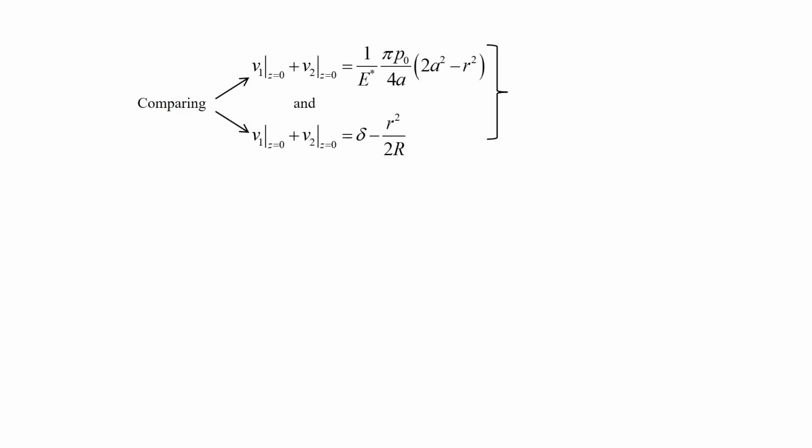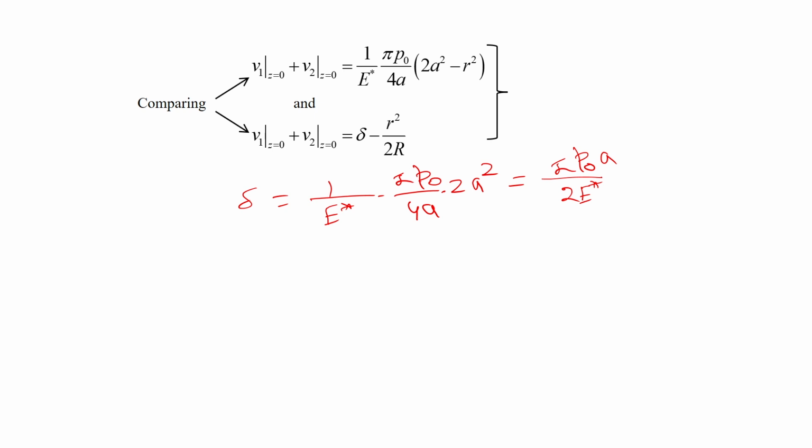Now if I compare these two relations, delta here comes out to be 1 by E star into pi p 0 by 4 a into 2 a square, which is pi p 0 a by 2 E star.